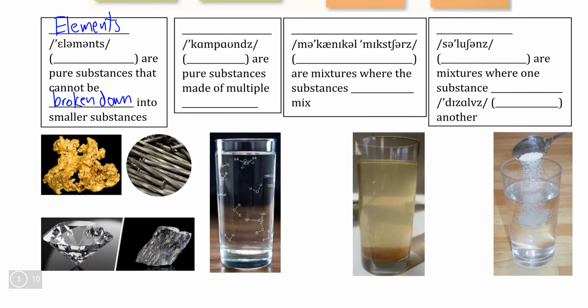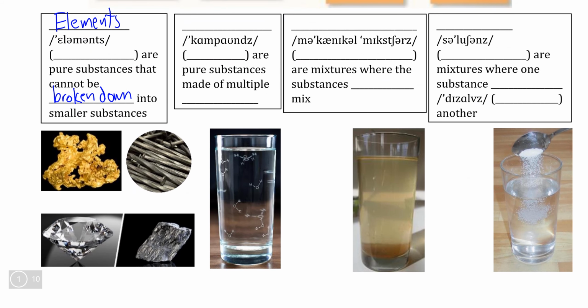So if we take a look at a few examples of elements, we see that gold, the chemical symbol for which is Au, is an example of a pure substance because if you break down gold, all that you get are smaller examples of gold. These nails we can see are made of iron, the chemical symbol for which is Fe, and again, we can't break these down into types of matter that are fundamentally smaller than this.